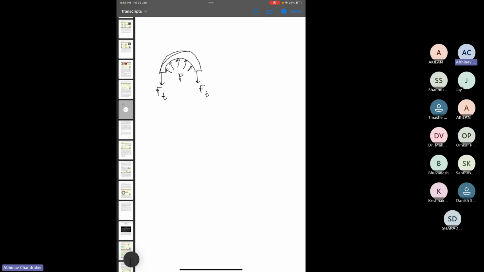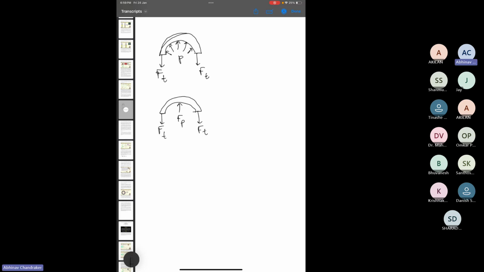Let's say the pressure is P. So for this body that I have considered, we can say that the net force above is, let's call this Fp, due to the pressure experienced, and the force due to internal stress is Ft. So we can say that Fp will be equal to 2 times Ft, and we want to know what is the expression of Fp.